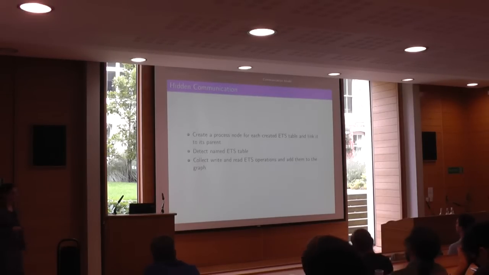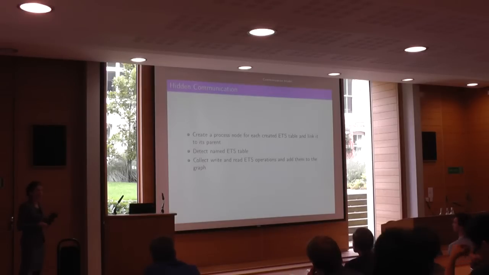Now the ETS tables. At first, we create a new process for each ETS table. That's because ETS tables are processes in the Erlang system. So they are new processes, and we also represent them as processes.